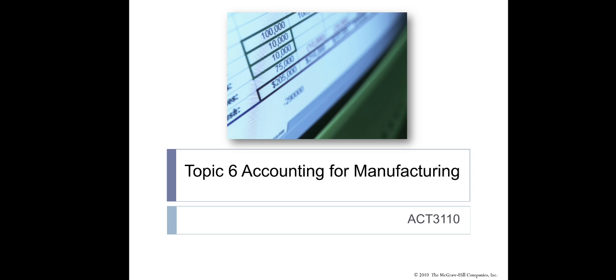Management accountant, they work in a business. They help manager to make business decision. So, if manager asks the management accountant to prepare budget, then the management accountant will prepare budget. If the manager asks management accountant to calculate cost, then the management accountant will have to calculate or to prepare cost report.